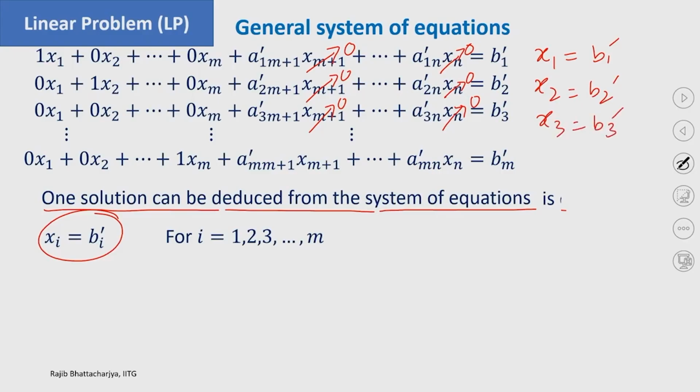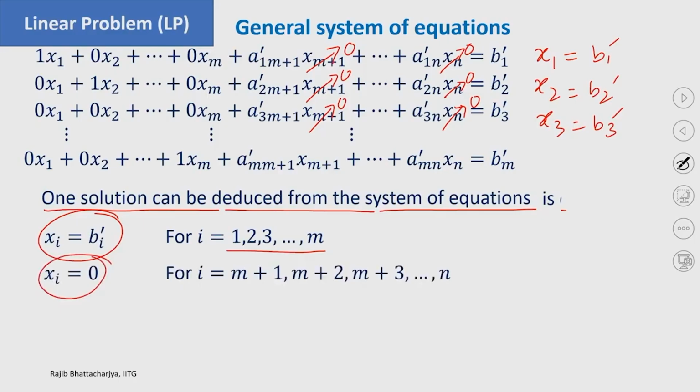Okay. So, one solution is that x i equal to b i for i equal to 1 to m and x i equal to 0 for i equal to m plus 1 up to n. That means, for the basic variables I am finding x i equal to b i, and for the non-basic variables x i equal to 0.